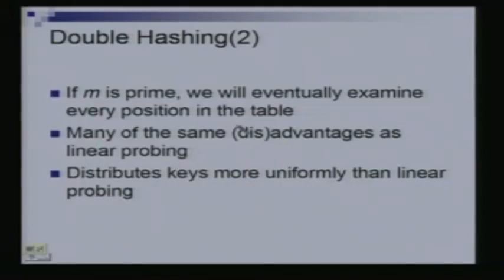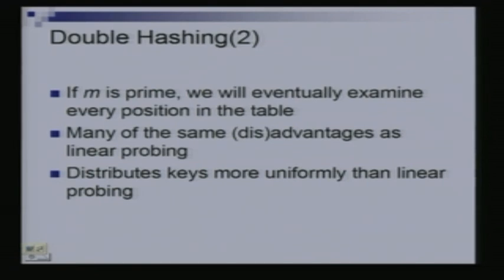If m is a prime, then this technique will ensure that we look at all the locations of the table. In linear probing, because the offset was 1, we would look at all the locations in the table. If there was an empty location, we would always be able to insert the element.